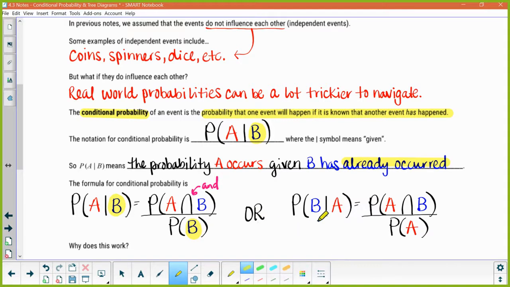Or we have the probability of B given A is equal to the probability of A and B over the probability of A. Notice again, my given statement is my denominator.